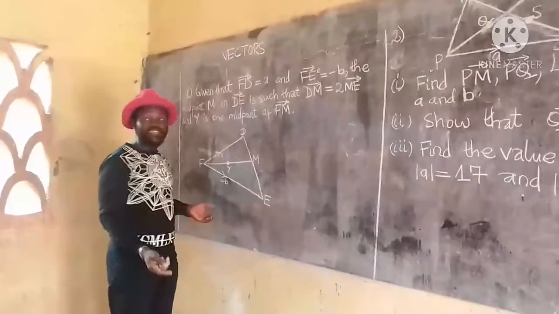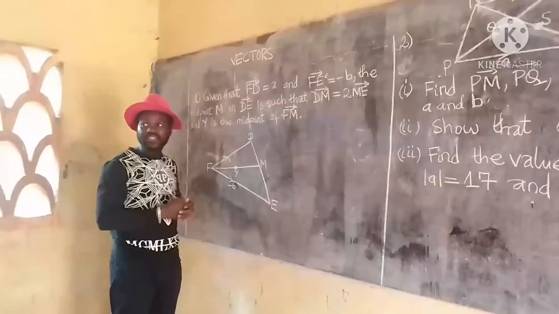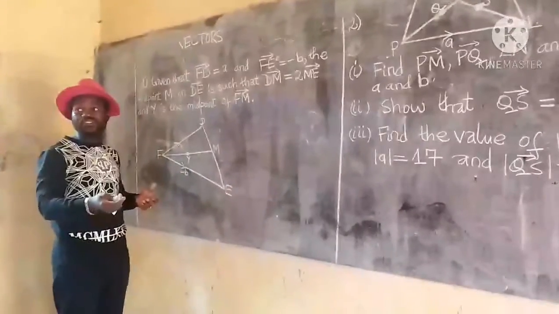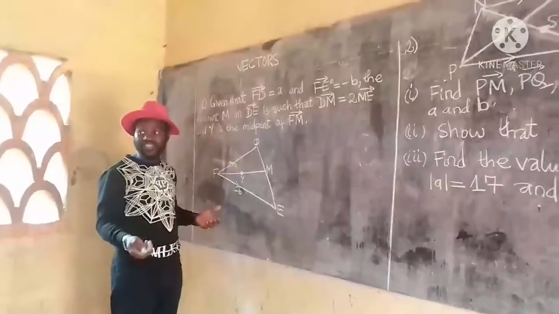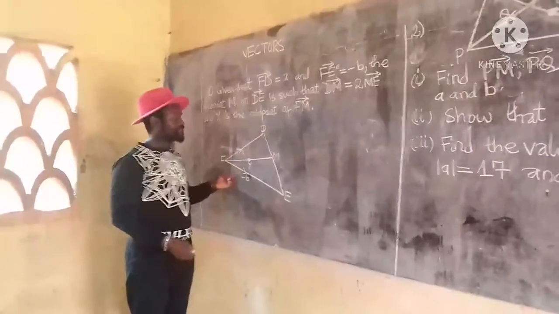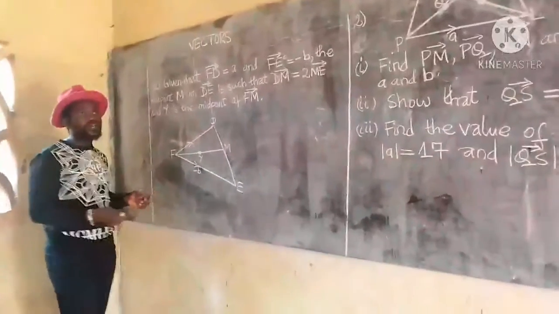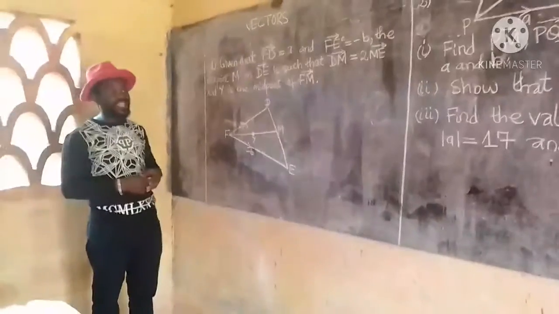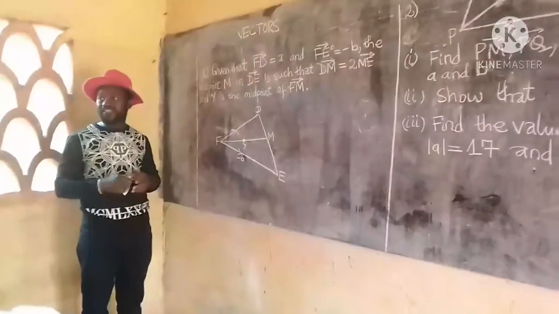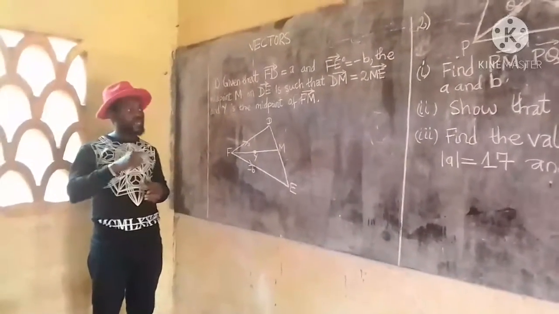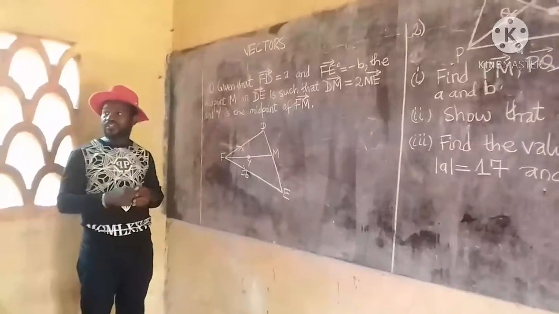But DE is very easy to calculate. We just calculated DE to be minus a minus b. It means that our DM should be equal to 2 over 3 into minus a minus b.